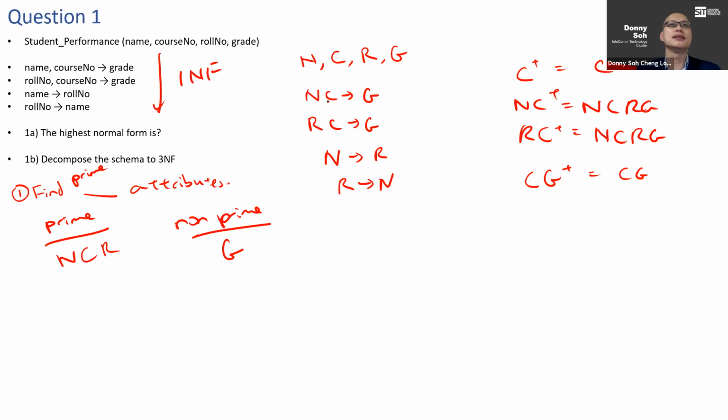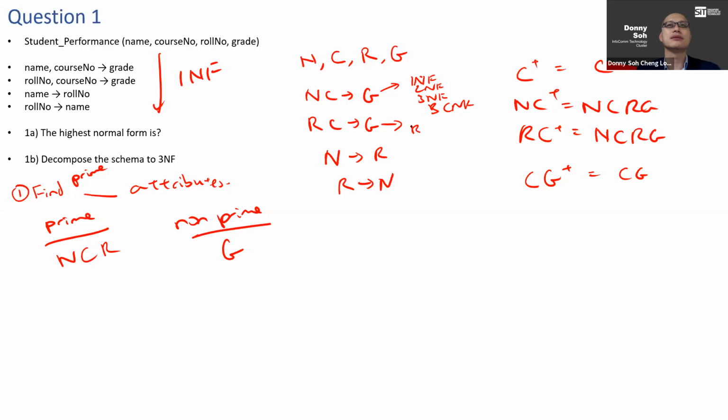G is in NC, so this is 1NF, 2NF, and also 3NF. And actually NC is a key, so it actually goes up to BCNF.